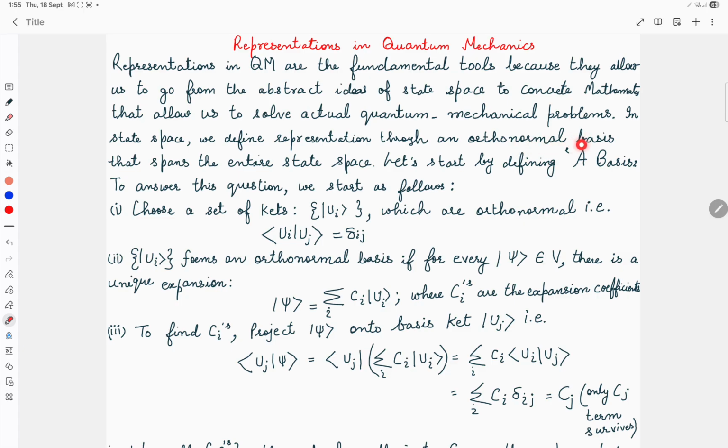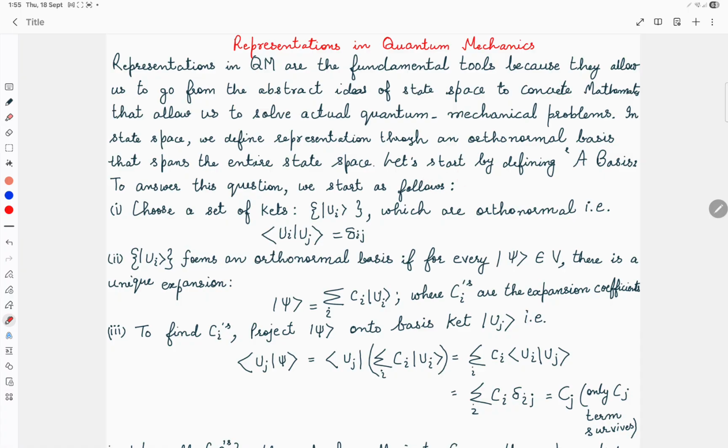What are orthonormal bases? They are just equivalent to the axes in the two-dimensional planar surface. We will have orthonormal bases in quantum systems. By using linear combinations of these orthonormal bases, we can cover the entire state space.